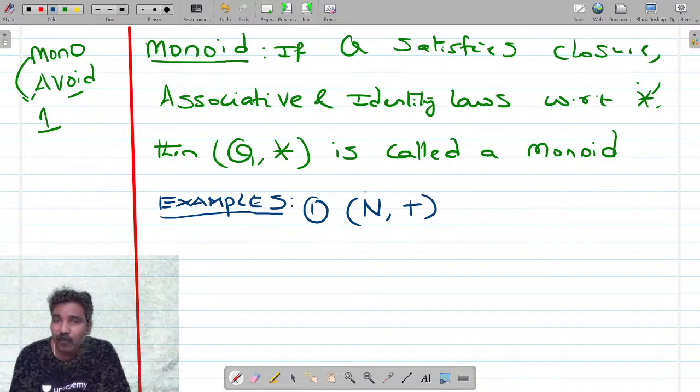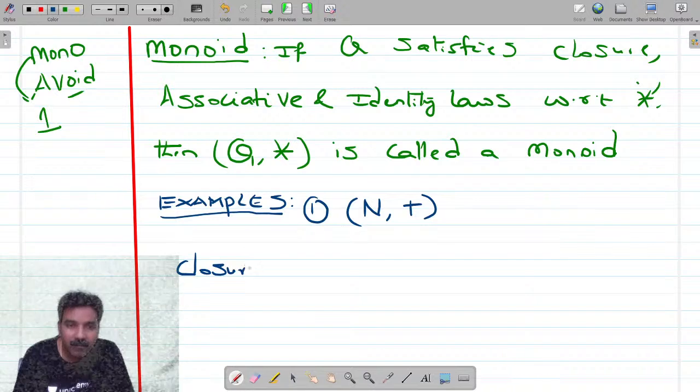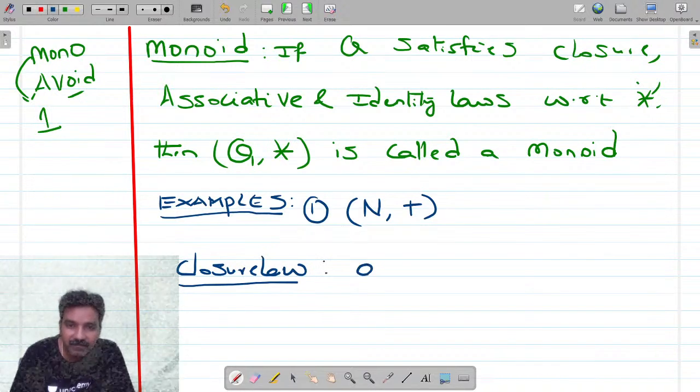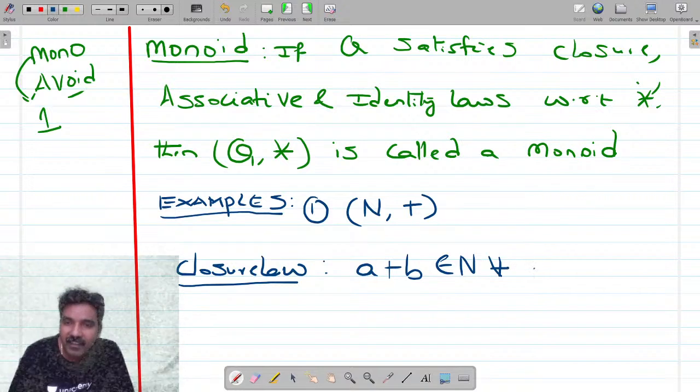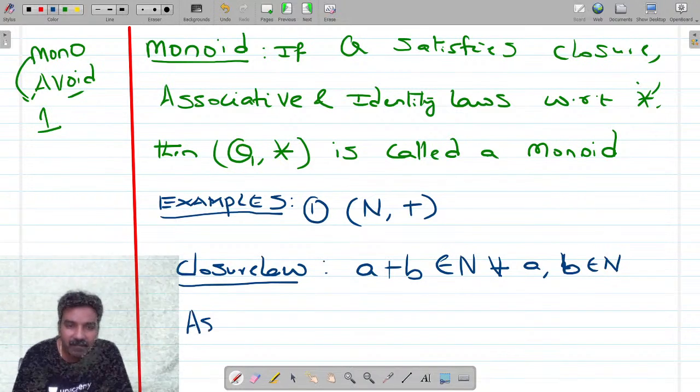Right. Closure property is very clear. Take any 2 natural numbers, apply plus. Sum of 2 natural numbers is also a natural number. A plus B belong to n for all a comma b belong to n. Closure law is very clear.